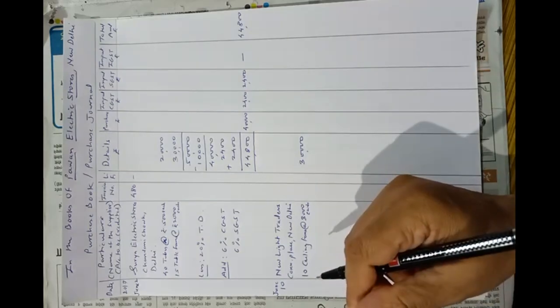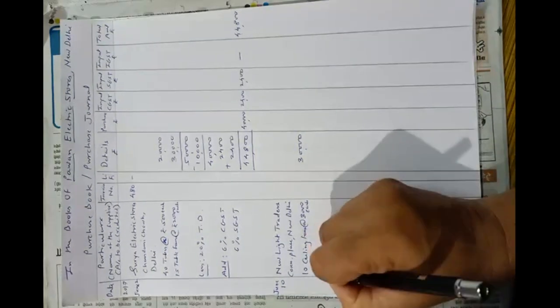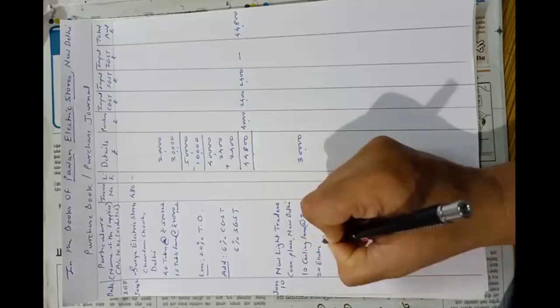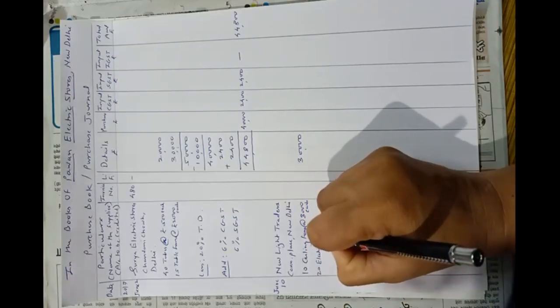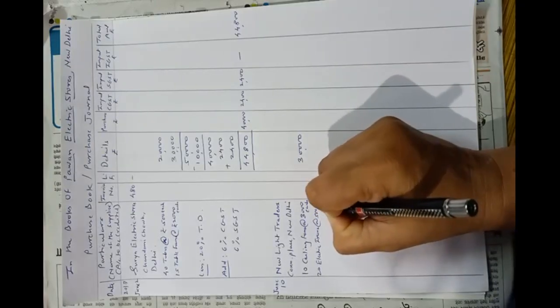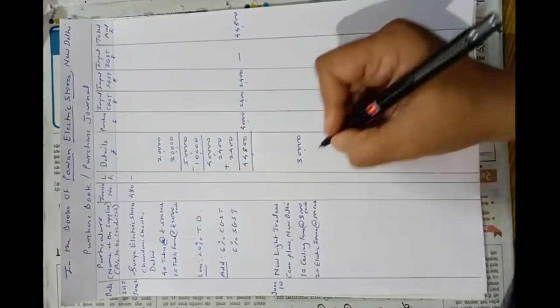Now 20 electric irons at rupees 500 each. So 500 into 20 rupees, so it is 10,000.